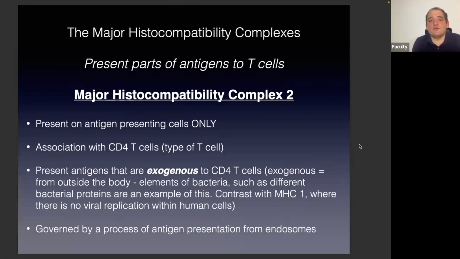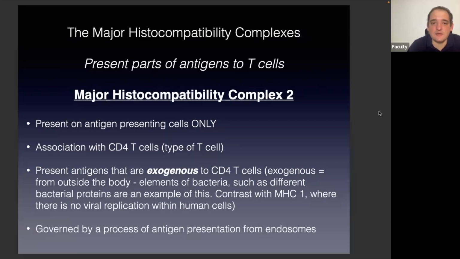Now, if we go to MHC2, the major histocompatibility complex 2, it's the same idea. They present parts of antigens to T cells. That part is not changing. However, what's changing a little bit is what cells within the body MHC2 is on, the type of T cell, the CD4 subset it interacts with, and the type of antigens it works with.